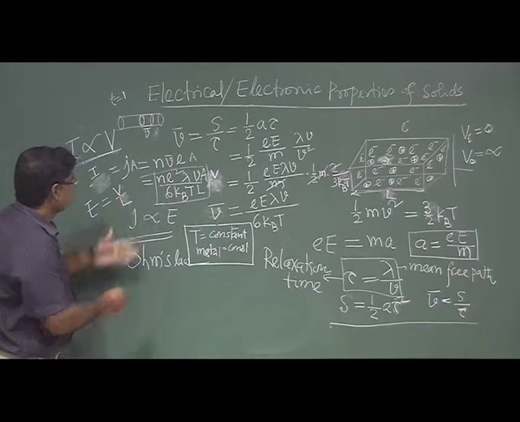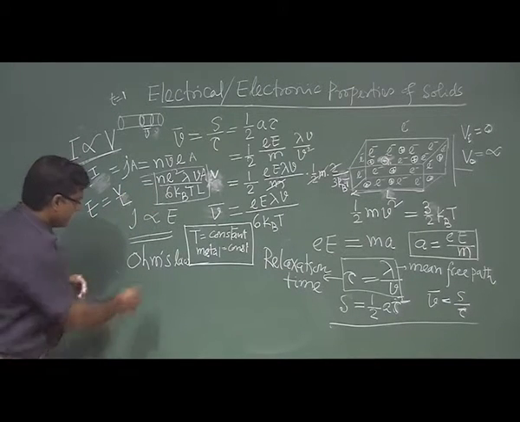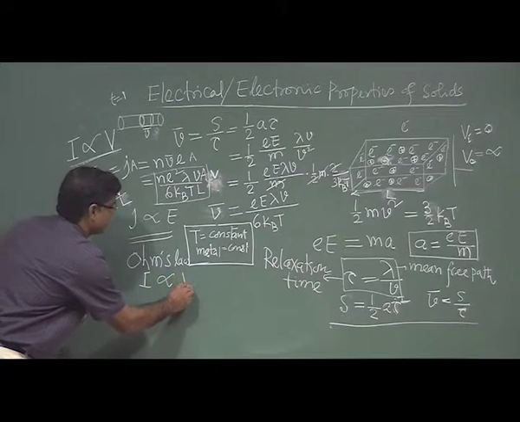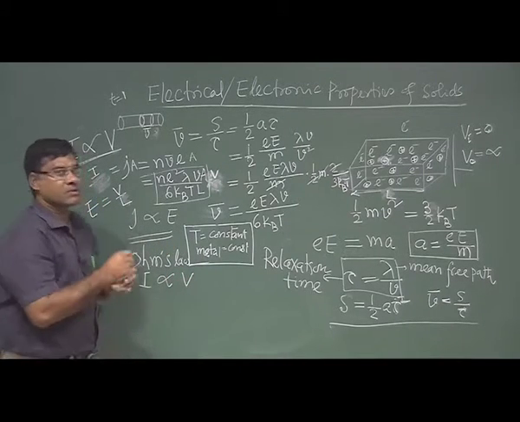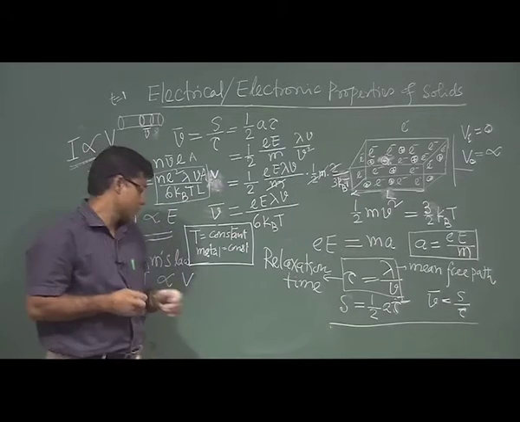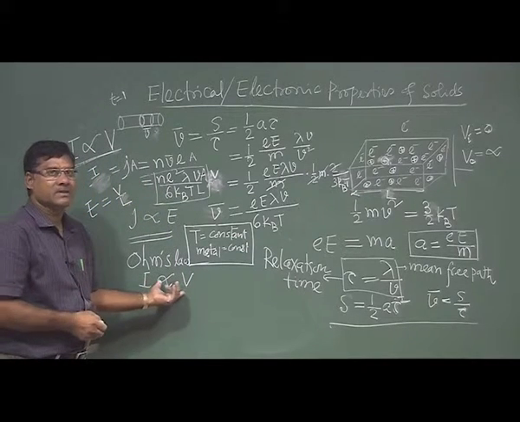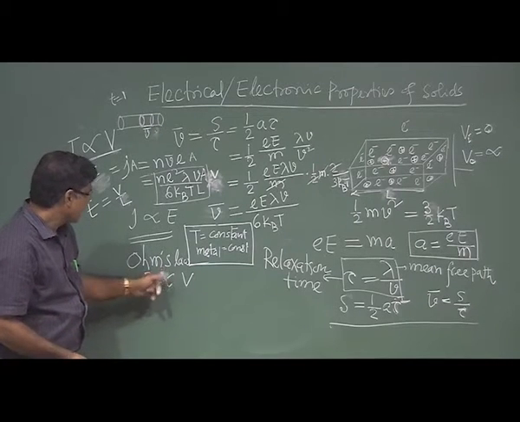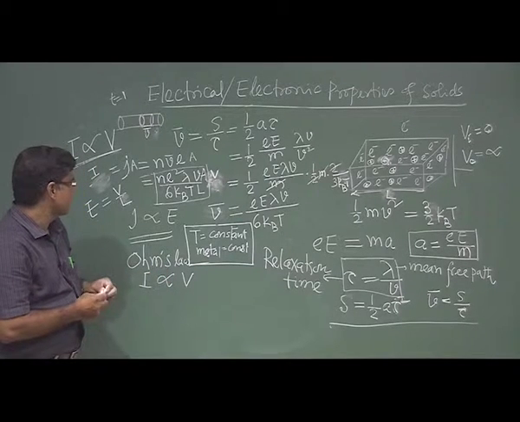So, here I can write that I is proportional to V, right. We are familiar with this form, Ohm's law. What is the proportionality constant?